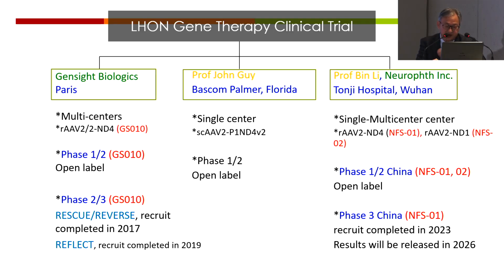The other one is NFS-02, which carries ND1 cDNA, and this one is for the 3460 mutation. Both NFS-01 and NFS-02 have been conducting phase 1/2 studies in China, and NFS-01 has been recruiting patients for a phase 3 study.